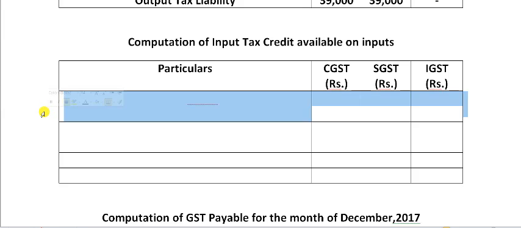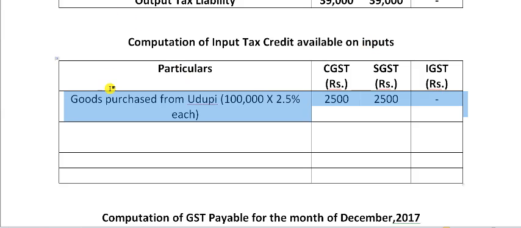We are also asked to find out the input tax credit available on inputs. So first we'll take the goods purchased from Udupi. 1 lakh rupees worth goods are purchased. Udupi is in Karnataka. The SSE is registered in Karnataka, so it will be an intra-state sale. Supply is in Karnataka.